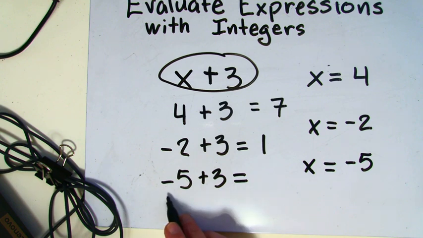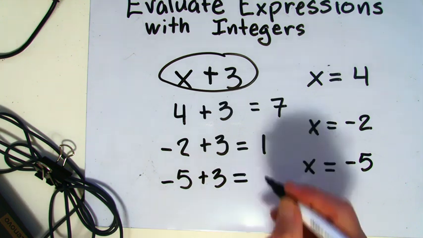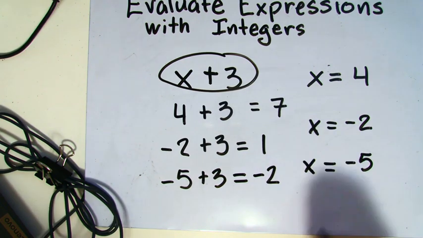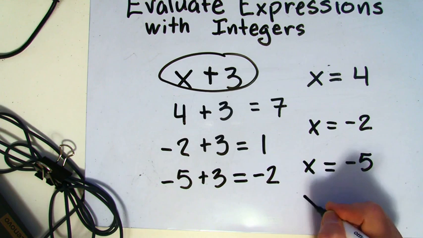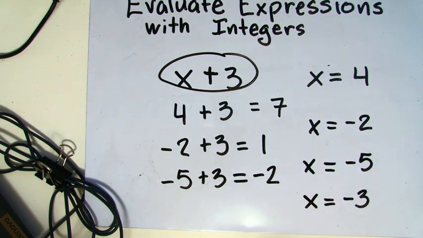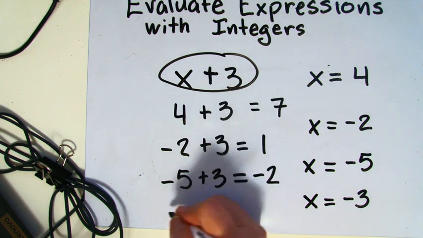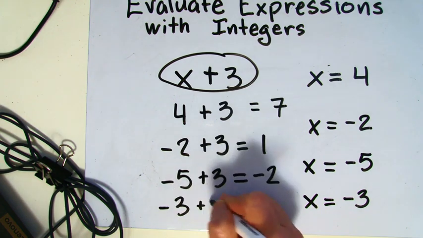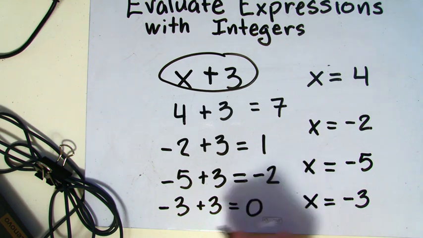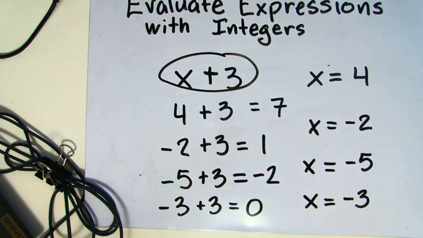It's going to be negative because 5 is larger than 3, so a negative 2. And lastly, let's say x is equal to negative 3. Negative 3 plus 3 is going to be 0. They're going to cancel each other out.